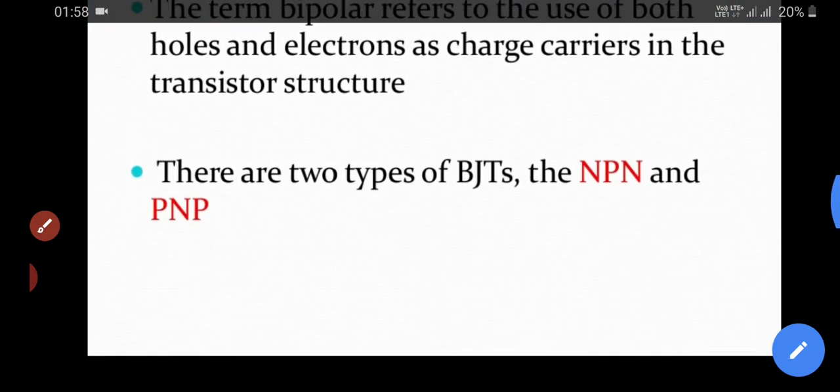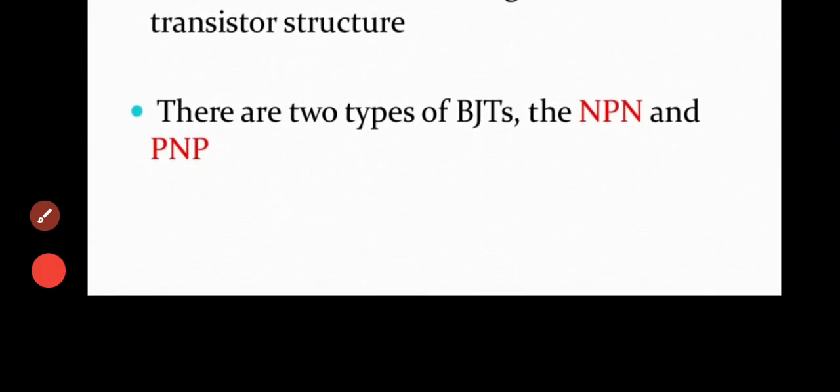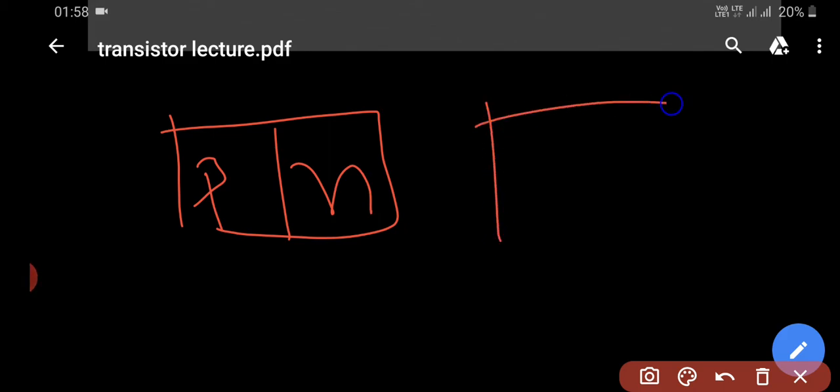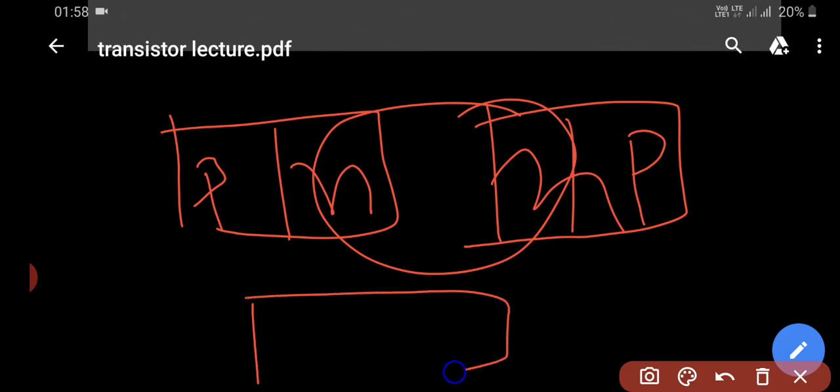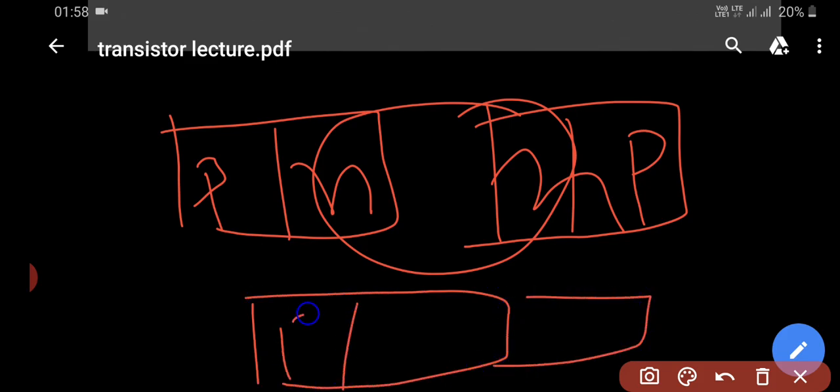There are two types of BJT, bipolar junction transistor: NPN and PNP. NPN and PNP transistors are made by connecting two diodes back to back. When we connect N of the first diode with N of the second diode, a PNP transistor is made.